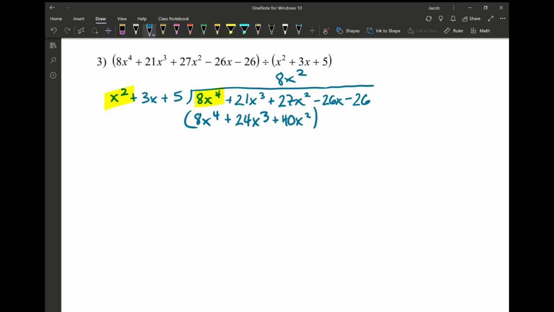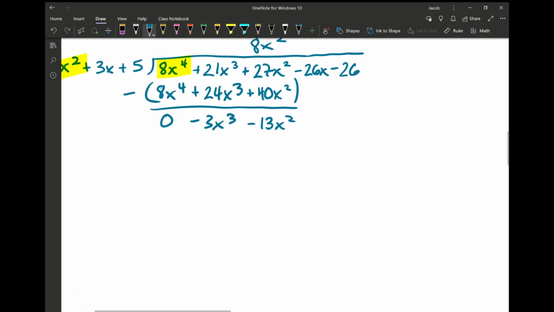And then I subtract this whole polynomial. This ought to be 0. It is. This is minus 3x cubed, and then this is minus 13x squared. Let me double check that. So, yep, 24. Cool. So that means I start fresh with this cubic.